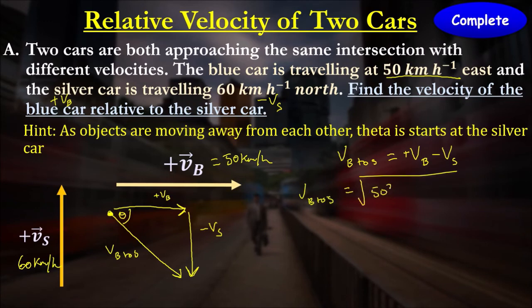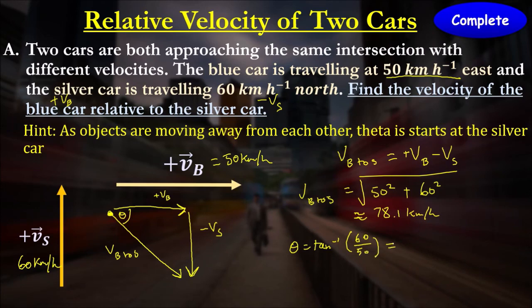So that's 50 squared plus 60 squared, and root everything. And that gives you an answer of roughly 78.1 kilometers per hour if we do it to 3 significant figures. The last one we have is the angle, so tan inverse. We have 60 on top because that's the opposite side, and 50 on the bottom because that's our adjacent part.